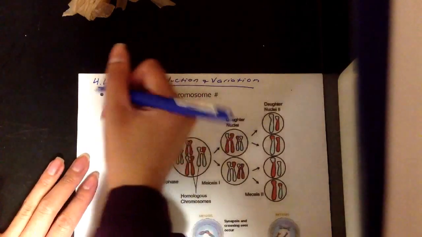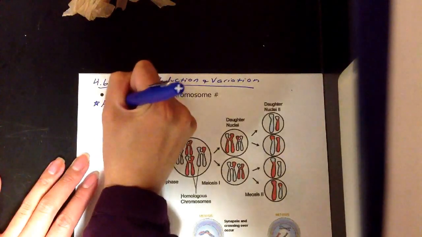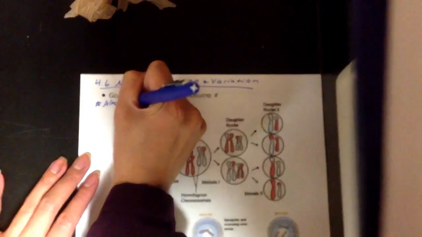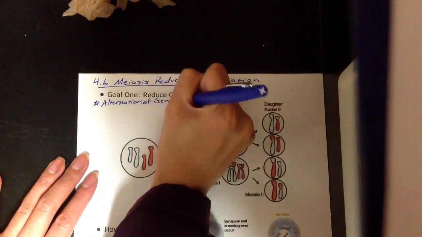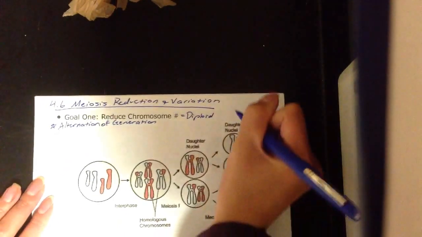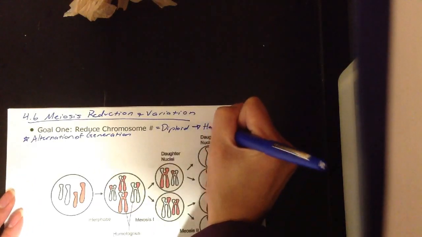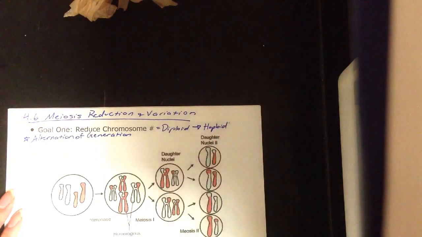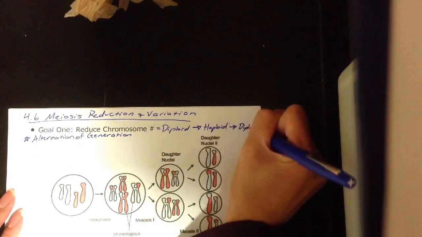This reduction of the chromosome number is also that main idea of alternation of generations. The fact that we're going to start as a diploid cell, and we're going to produce a haploid cell, and eventually that haploid cell will again become diploid.